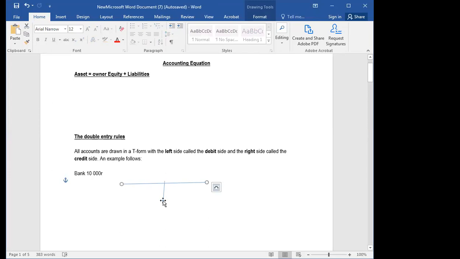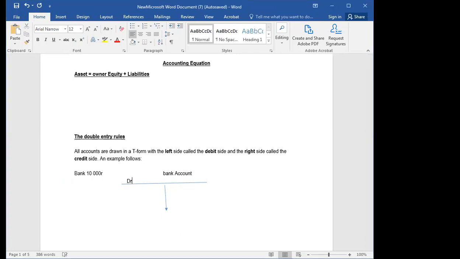It must be a T form, because we're applying a double entry principle. Okay, this is my bank account. I'm writing it bank account. Right, then on our left-hand side, we've got a debit side.